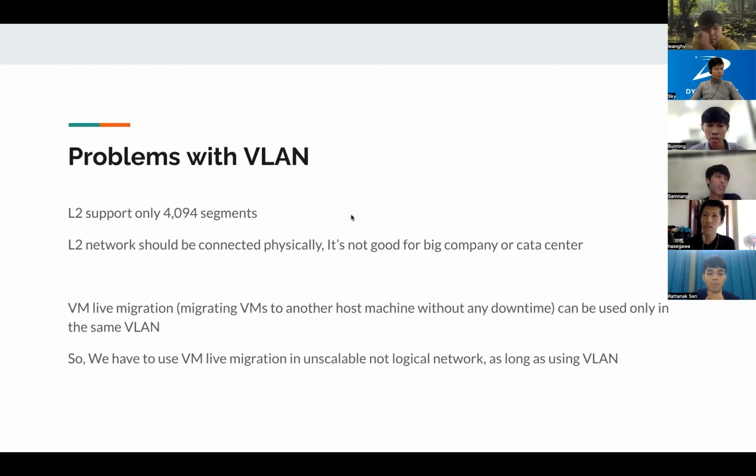So when we use VXLAN, we can live migrate a virtual machine with no or very small downtime. I also want to know why it's not possible without VXLAN and why it's possible with VXLAN. If you have a detailed example, it's really helpful for our team.